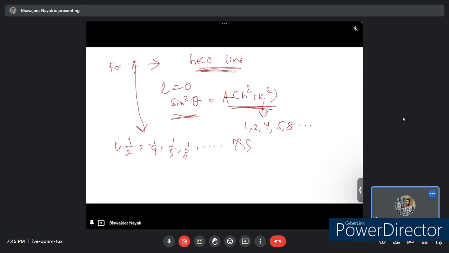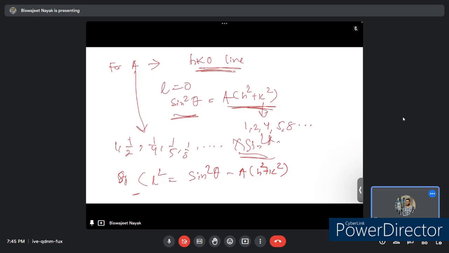Once these constants are found, they will give us the values of a and c, and we can complete the indexing process.